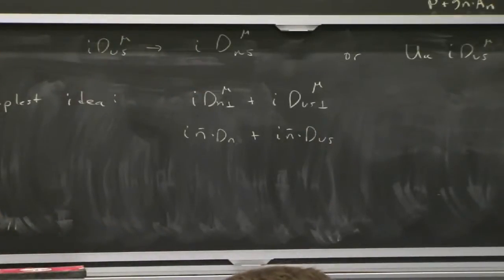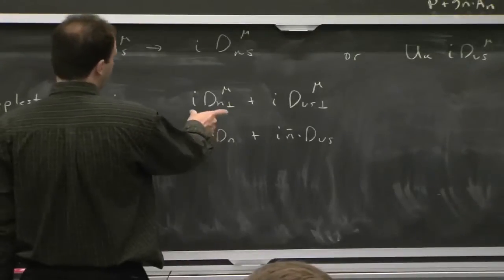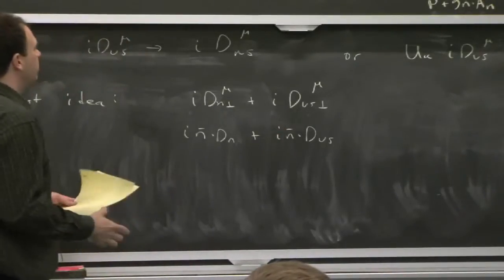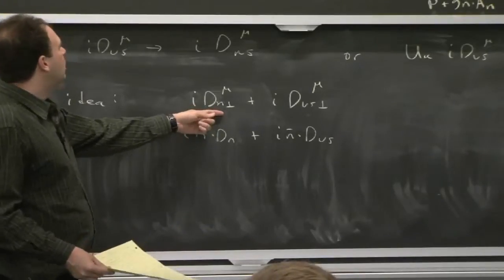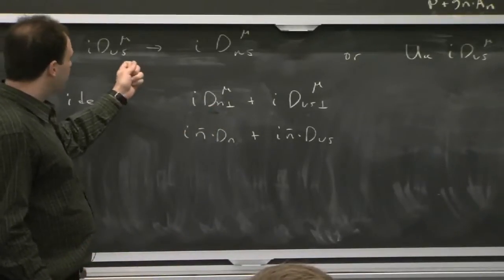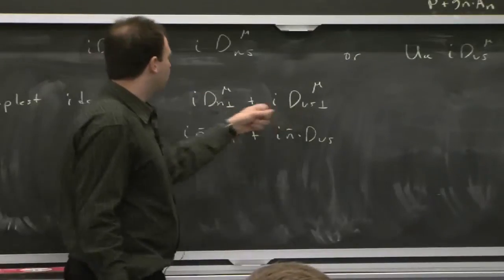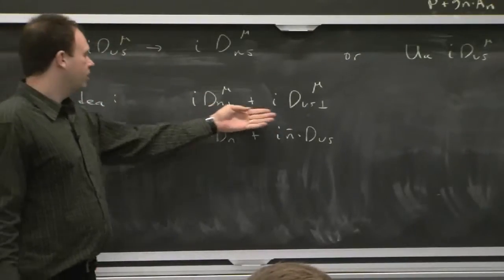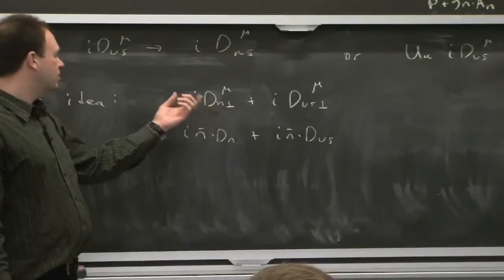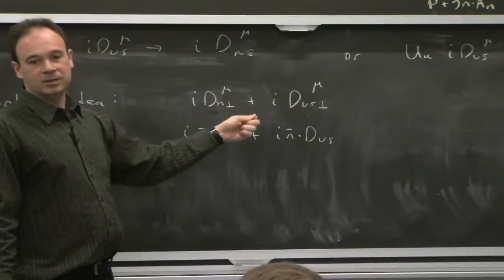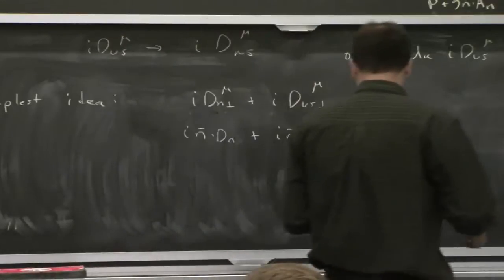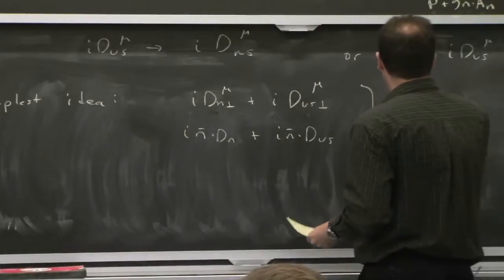And that doesn't work. The reason is that if you look at these two pieces, they don't transform in the same way. If I were to build gauge invariant operators out of this, then under the collinear transformation, because this one doesn't transform and this one does, the whole thing is not transforming. If this one was invariant, the other wouldn't be, and vice versa. So this doesn't work.